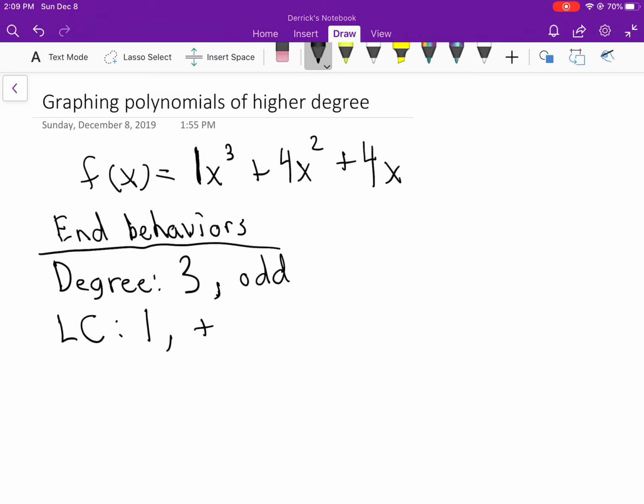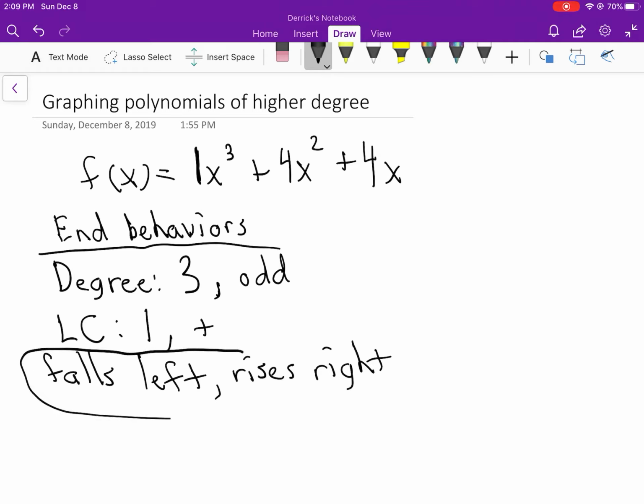So that would imply for my end behaviors that it's going to be falling to the left. It's going to be going down on the left side, and then as we read the graph from left to right, it's going to be trending upwards. So it's going to be rising as it goes out of sight to the right. Those are going to be our end behaviors here.